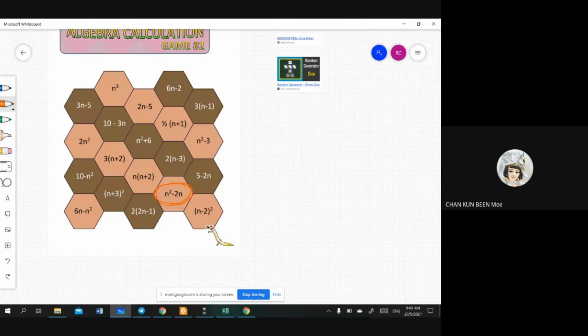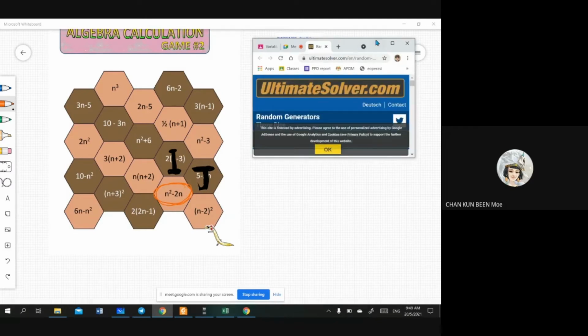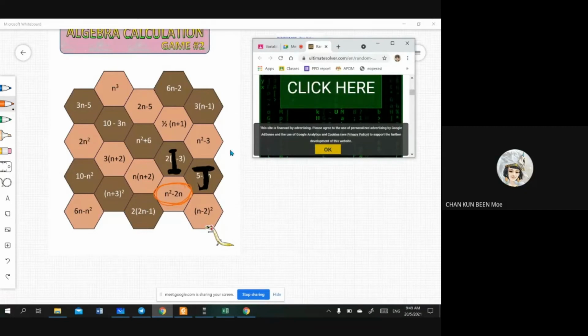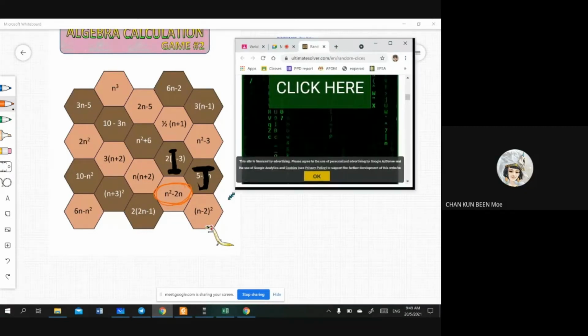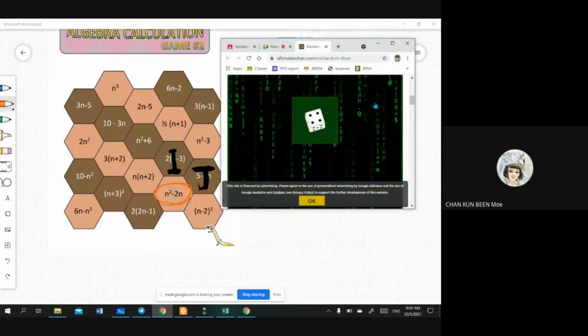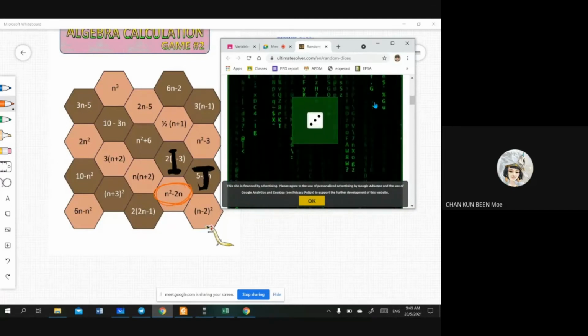Over here, I'm going to use the random generator to throw the dice. You are going to substitute the value of the dice into the variable n. Remember, group 1. Let us see what value you are going to get. I make it bigger. Okay, number 3.